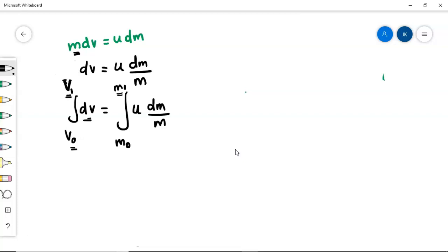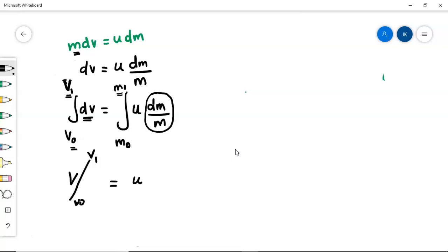So if you take the integration of dv, it will be v, and we put the limits here, v0 to v1, is equal to, here u is constant, this dm by m, this is the negative ln.